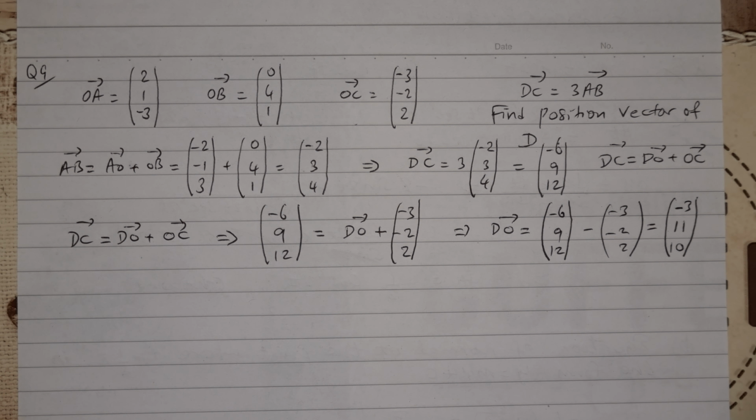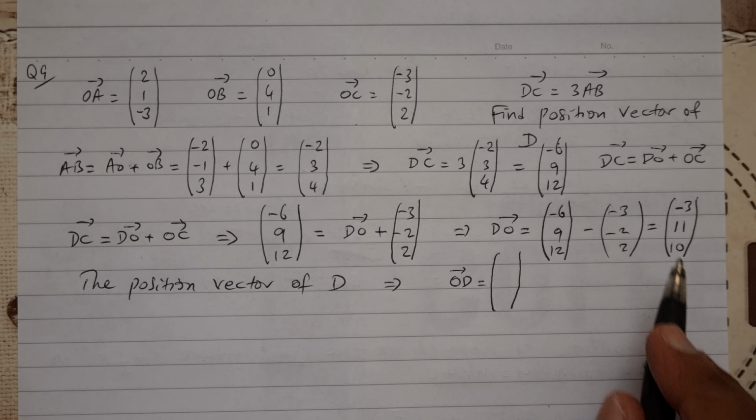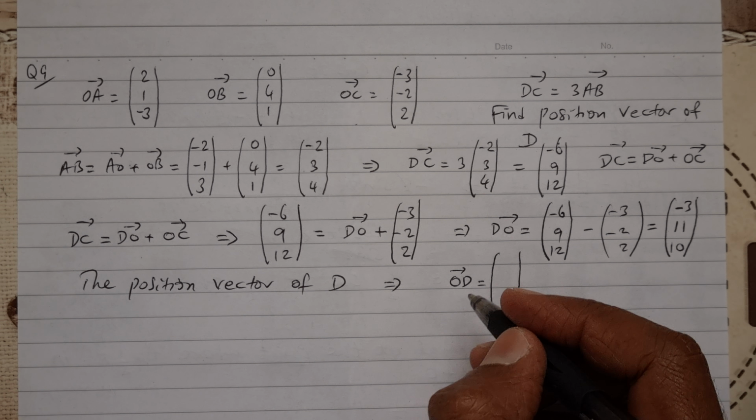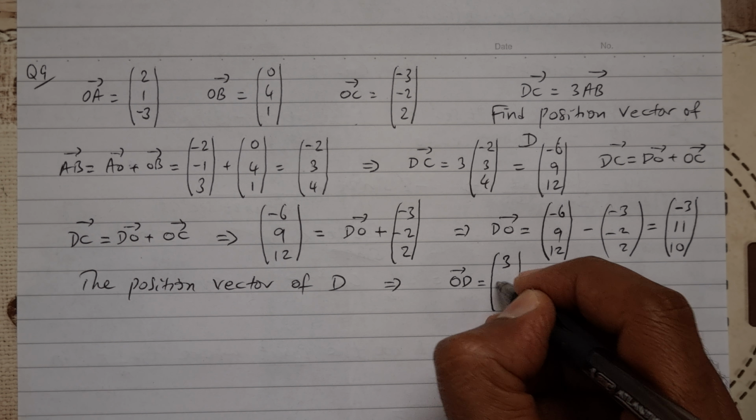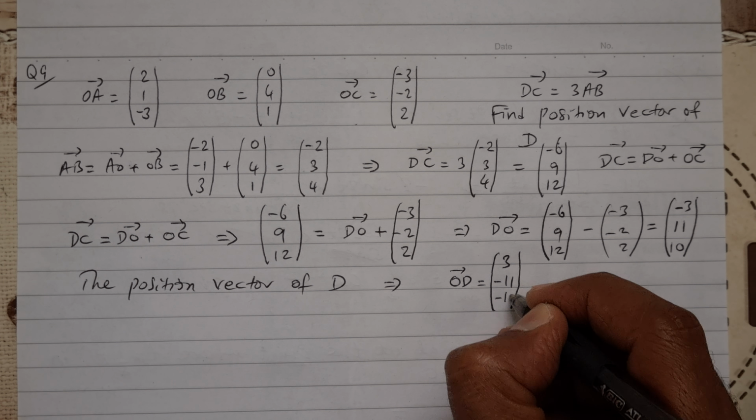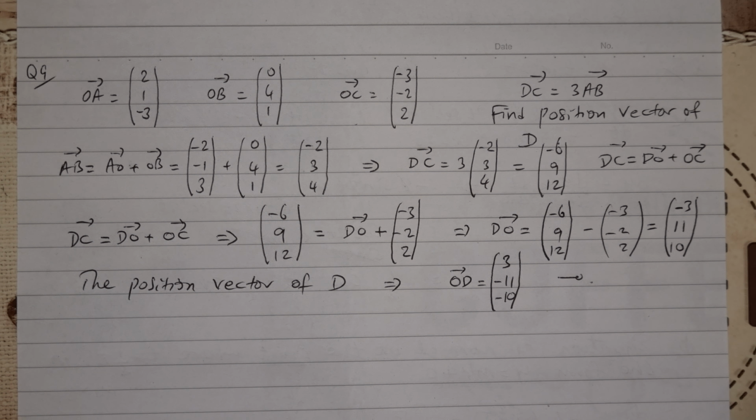Therefore, the position vector of D is the negative of that, which is (3, -11, -10). So here we are. That's the position vector of D.